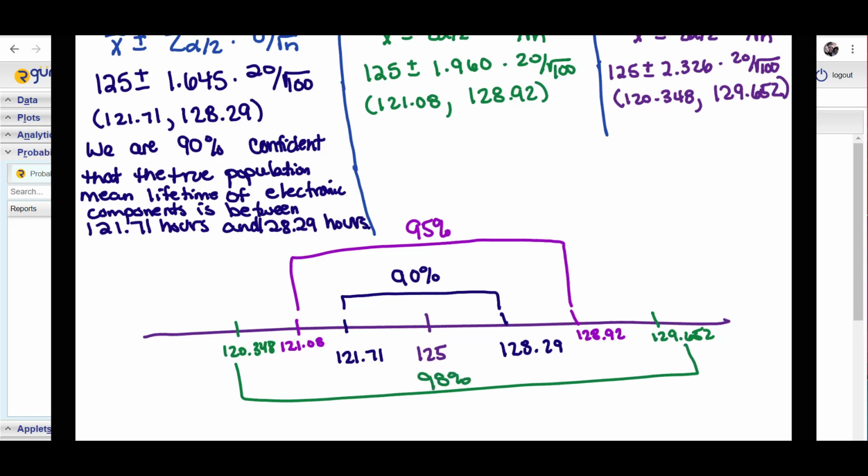So what that means is as the confidence level increases, the confidence interval also increases. So the more confident you are, the wider your confidence interval is. And the thing is, we're trying to narrow it down. You don't want it really, really wide, right? You're trying to narrow it down. So you kind of have to try to find a balance.